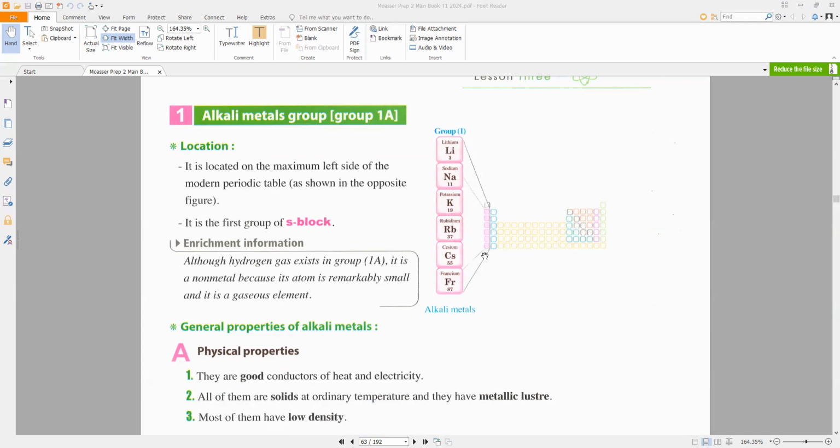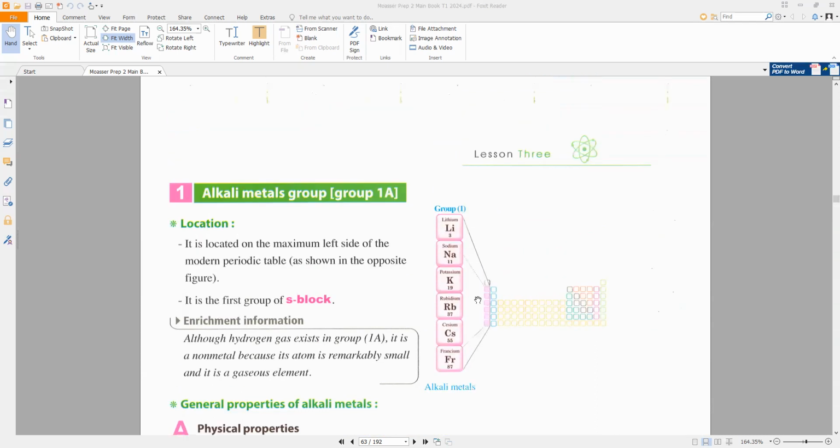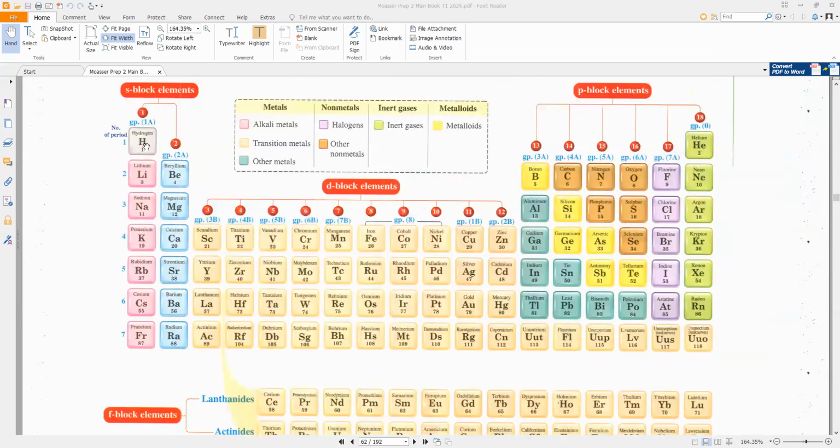This is the pink color. All of them are metal, except one element, hydrogen, which is not related to the 1A group. Hydrogen is non-metal and it has different properties than the other elements.